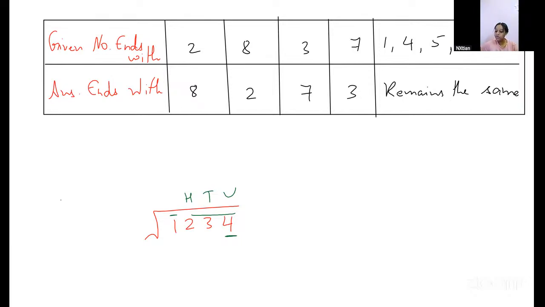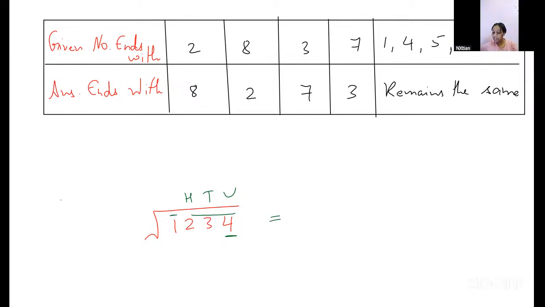Now, if our number ends with 7, then the last digit of the answer will be 3. But if the number that we have ends with 1, 4, 5, 6, or 9, then the last digit of the answer remains the same.